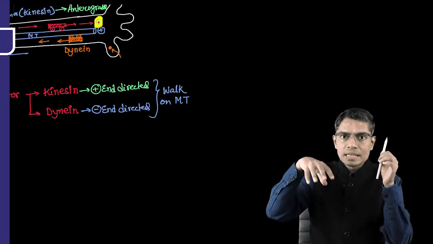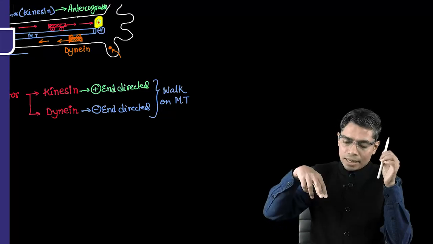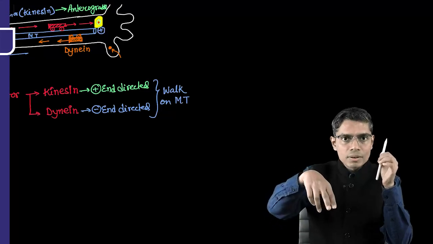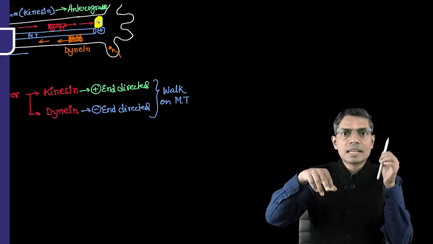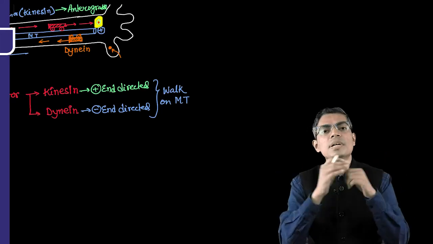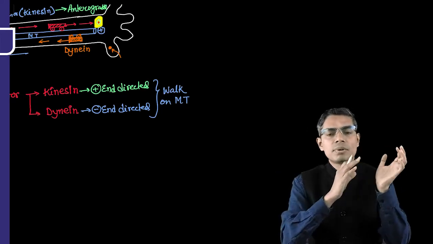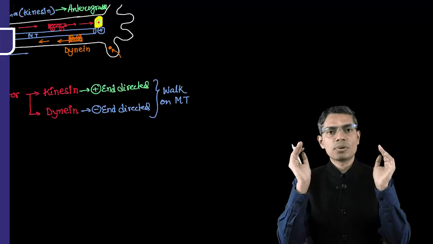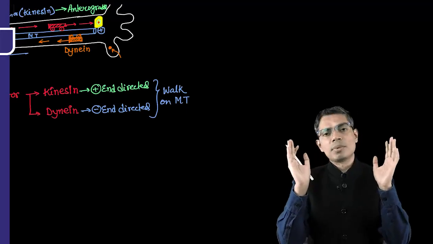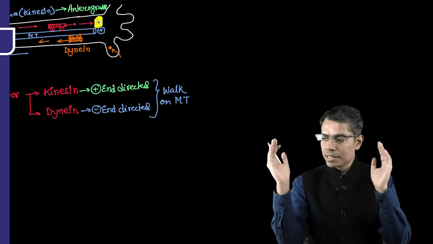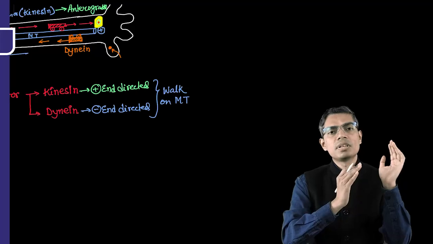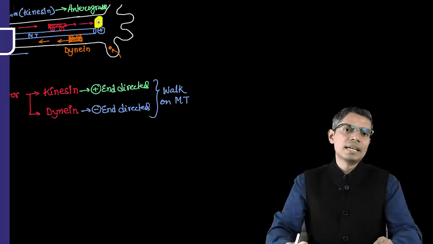Images have been taken of the movement of kinesin and dynein. Just like you are working on a pathway, similarly kinesin and dynein also work on the surface of this microtubule. That's why for both kinesin and dynein molecular motors, the pathway is the microtubule, but one of them is for anterograde transport, that is kinesin, and one of them is dedicated to retrograde transport, that is dynein.